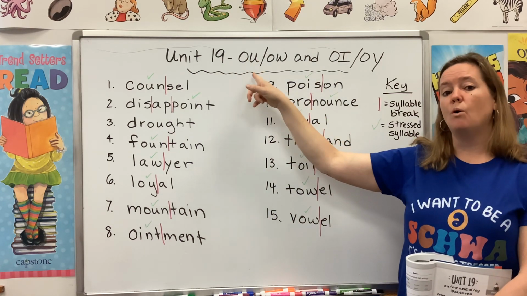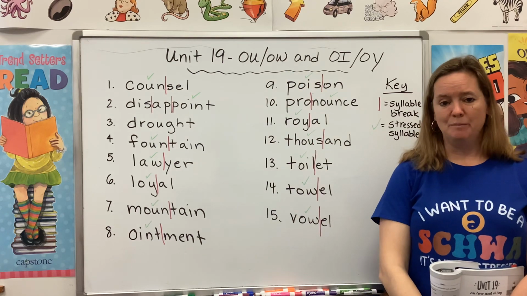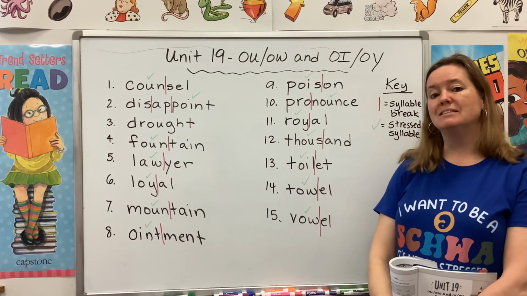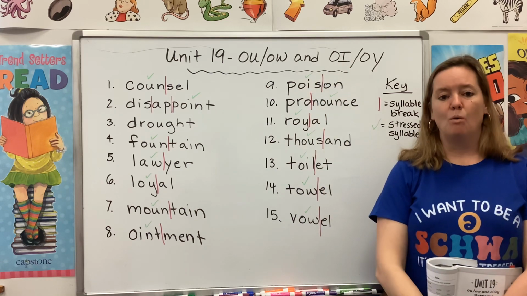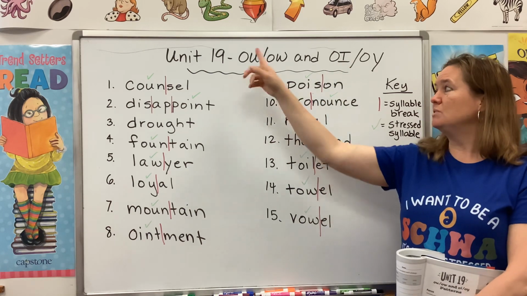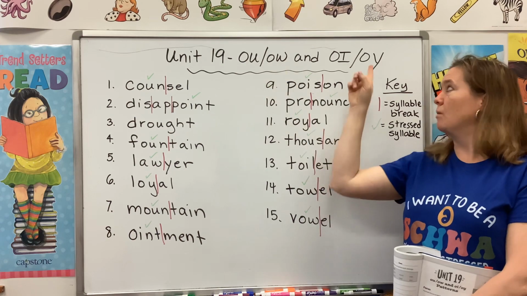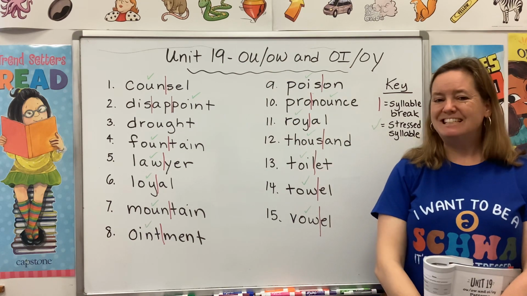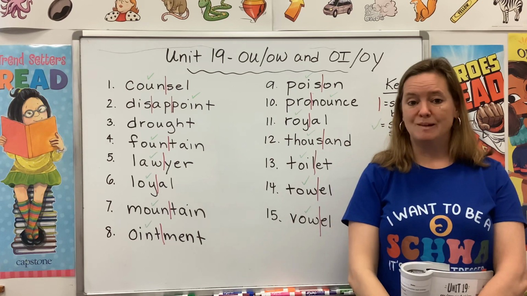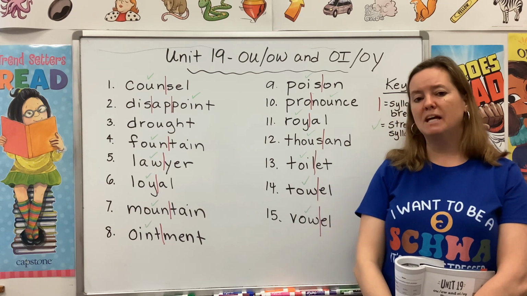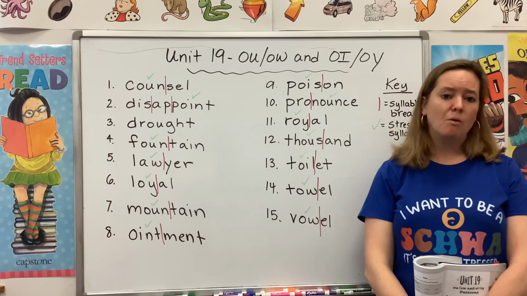We can use OU or OW, and 2 common ways to make the oi sound, OI or OY. Whether to use this or this, or this or this, depends a lot on the location, the position in the word.